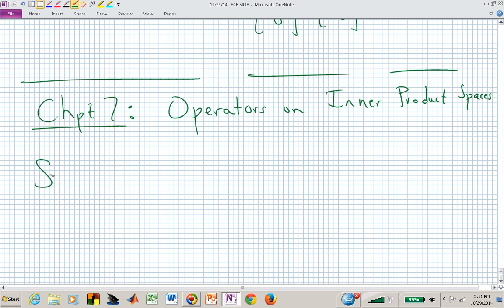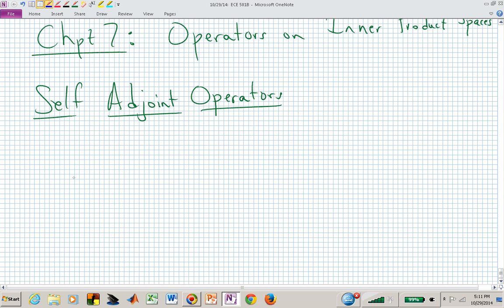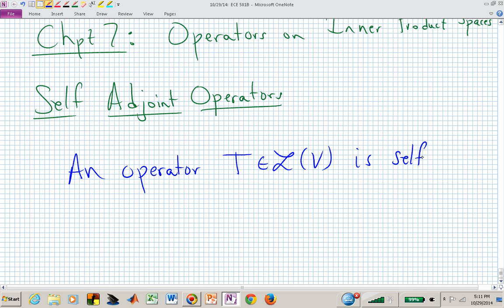And we can begin with this concept of self-adjoint operators, which really just says that an operator T, and remember what an operator is? That's just a linear map from the vector space back into that same vector space. So we can just say T is an element of L of V, that's enough, is self-adjoint.